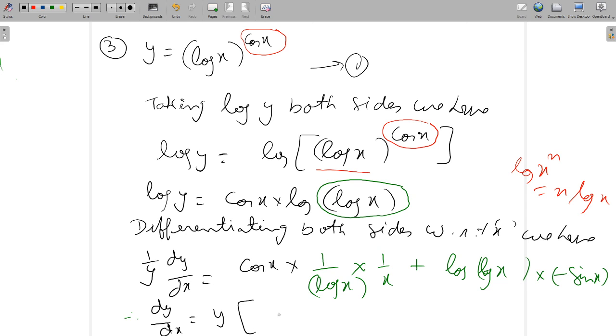This one we can write as cos x over x log x, and this side we can write as minus sin x into log of log x.